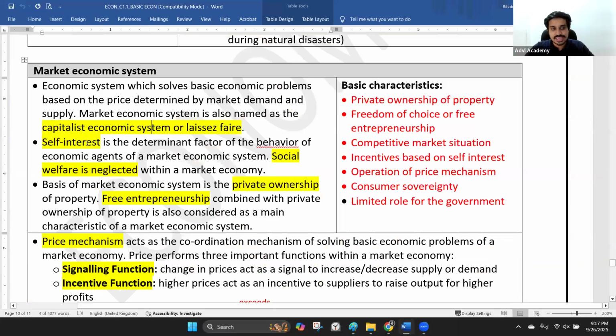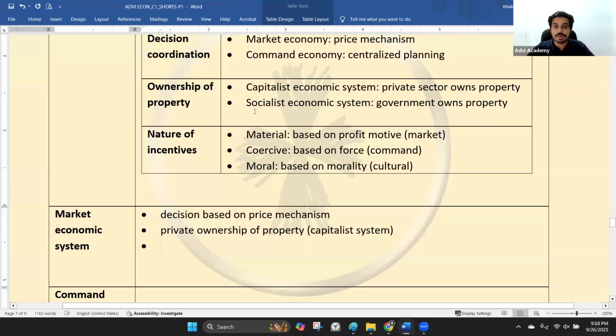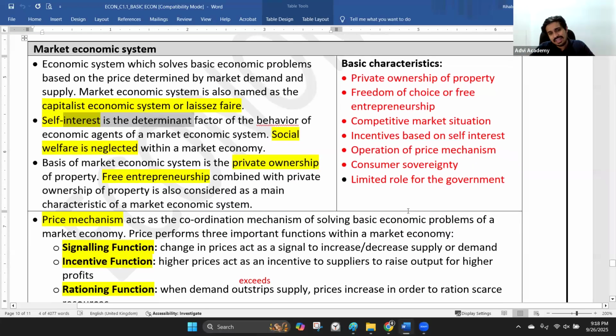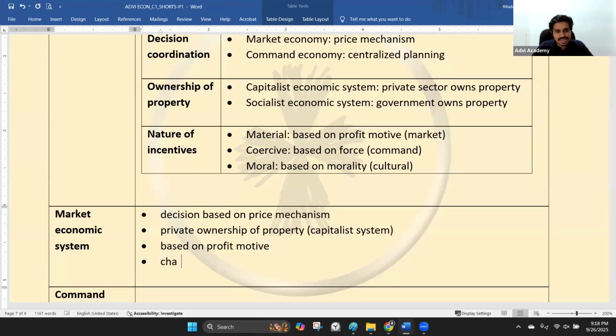And then you can also say the main motive is the profit motive, based on profit incentive. These are 3 of the main points when it comes to the market economic system. There are questions that come directly from this. And if you want, you can include some of the other characteristics.